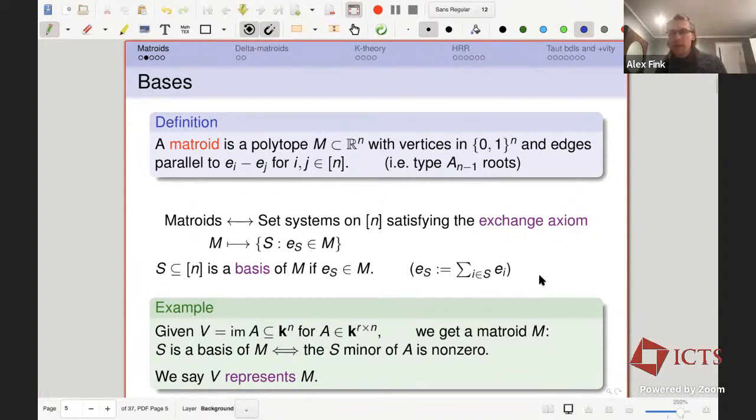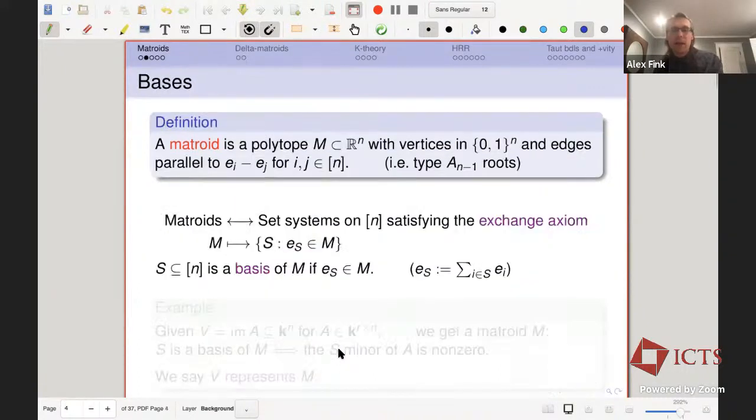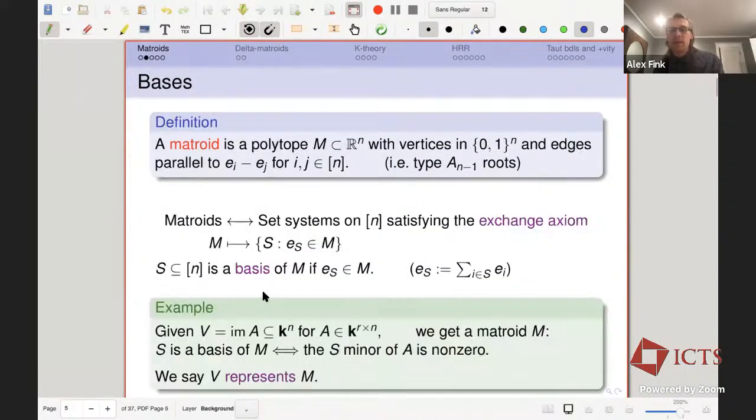So if I want to produce the matroid I had in the previous slide, where the only non-basis is this one here, 1 and 4, that means I want to take 4 vectors in K^2, where the only non-basis is the first and the fourth one.